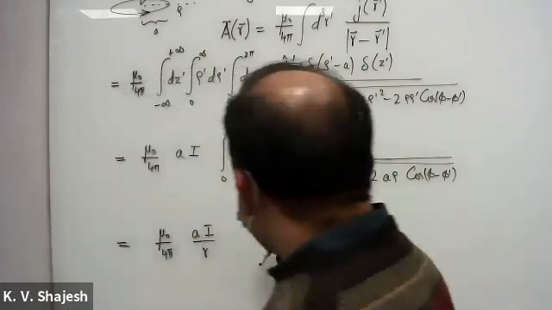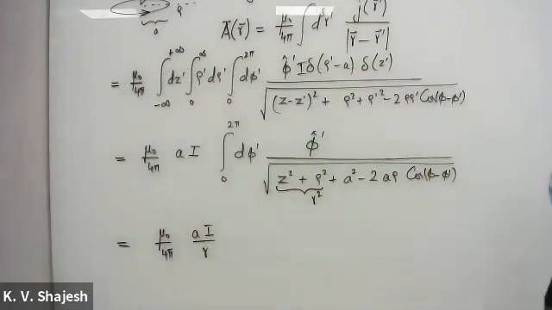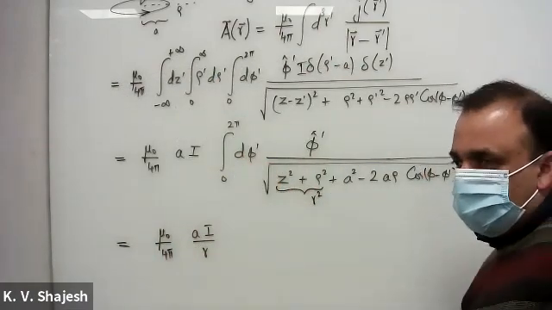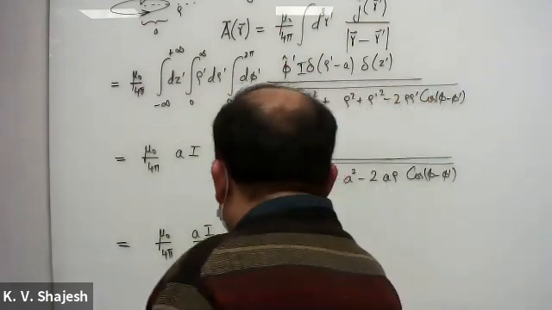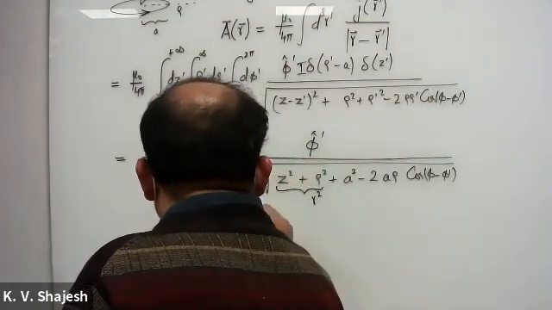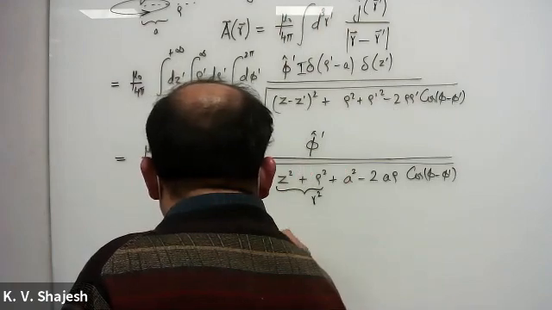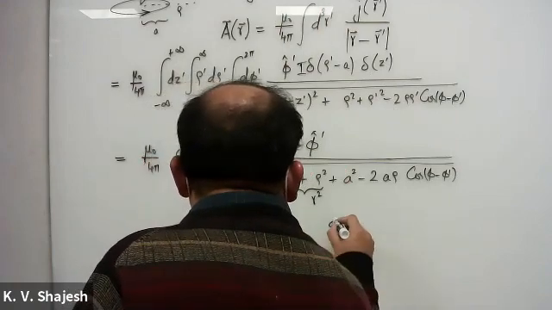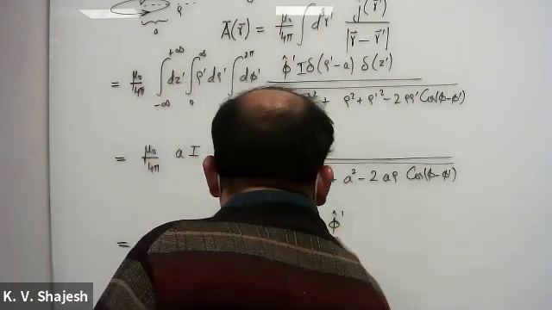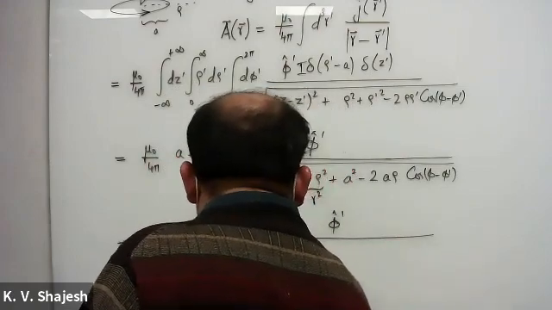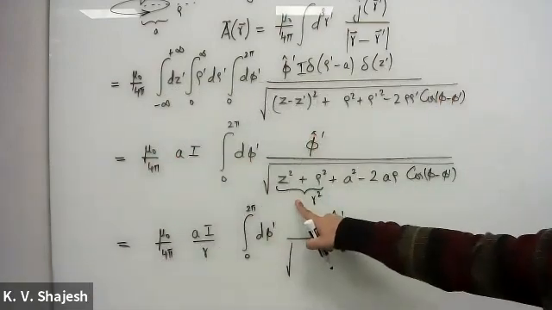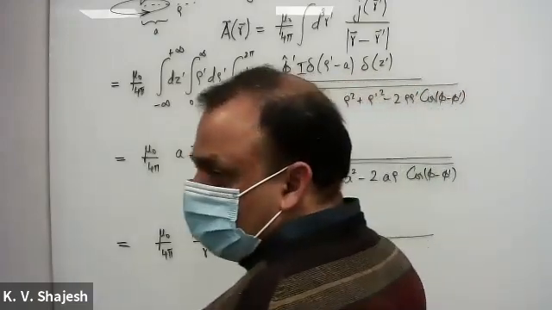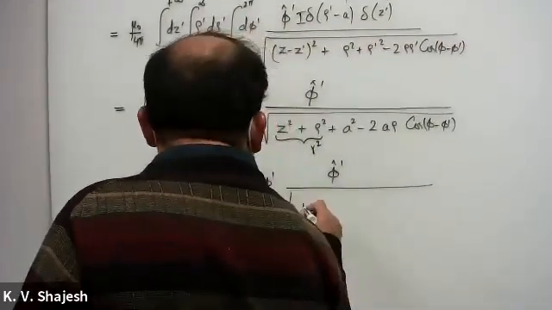I'm pulling this out of the square root, but I can also pull it out of the integral because r is independent of that. So that's 0 to 2 pi d phi prime, that's phi prime hat. After I pull that out, that becomes 1.